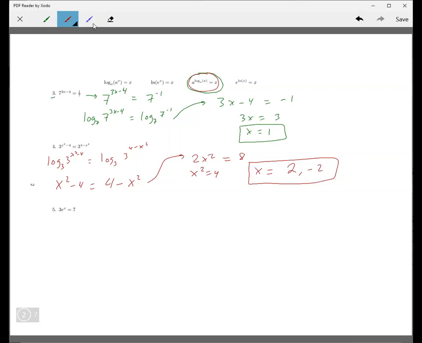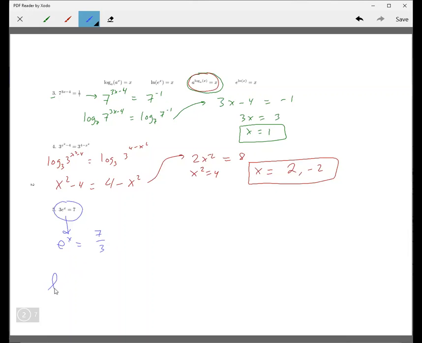Okay, let's do this one here. Another exponential equation. And again, you're going to isolate this. So divide by 3. So you have e to the x is 7/3. And then, because this is the natural exponent, we will use the natural logarithm.